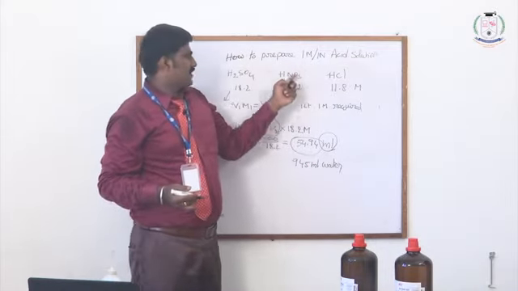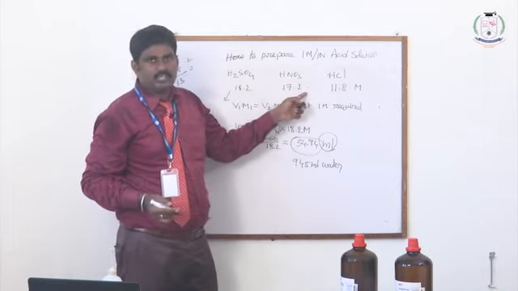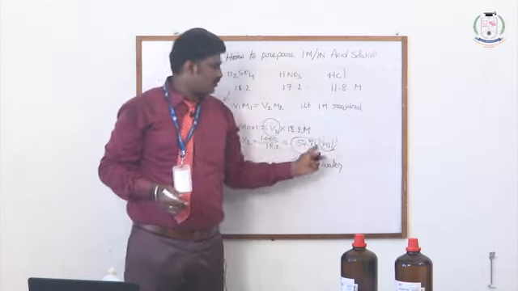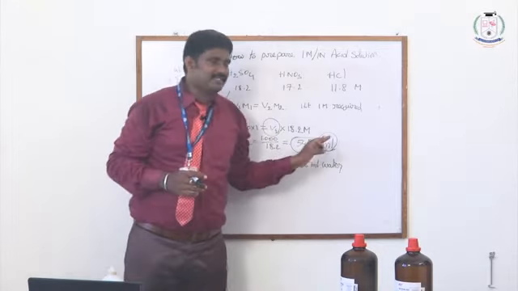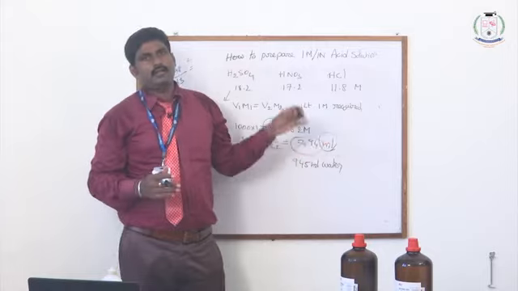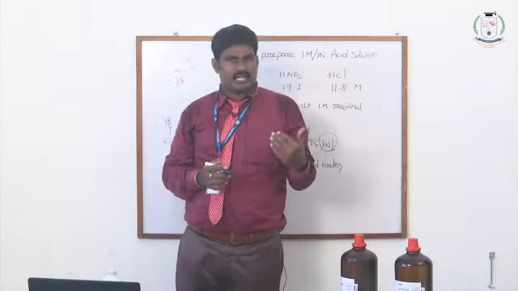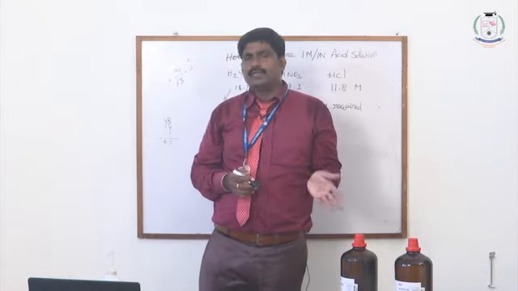Similarly, for HNO3, instead of 18.2, we have to use 17.2. For HCl, we have to use 11.8. We will get the corresponding value, and we have to subtract that volume from 1000 ml, and add the concentrated acid and water. We will get the 1 molar solution.